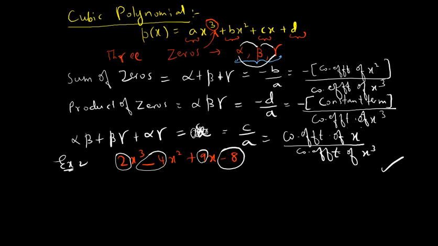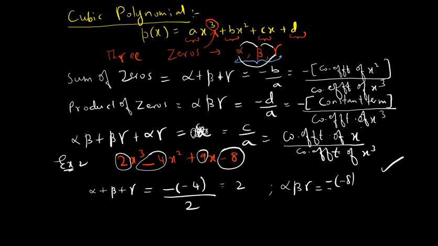If I wanted to find the sum of roots, with alpha, beta, gamma assumed as the zeros, this would be nothing but minus b by a, which is 2. And the product of roots, alpha beta gamma, is minus d by a, which is 4.